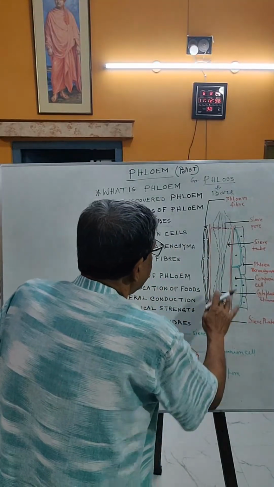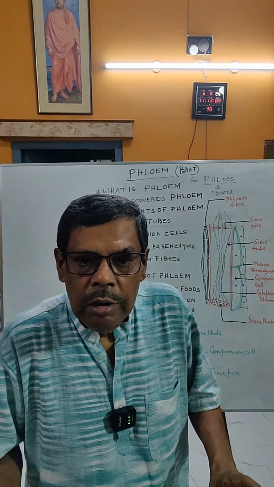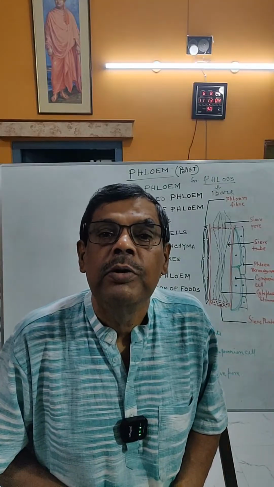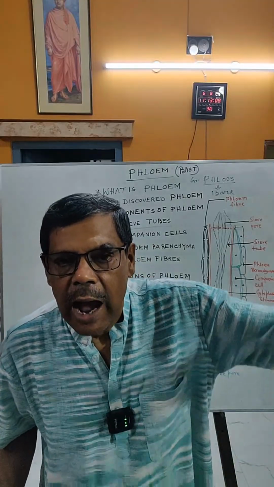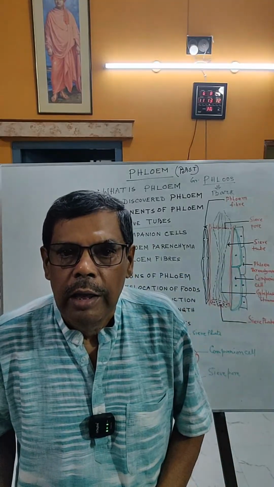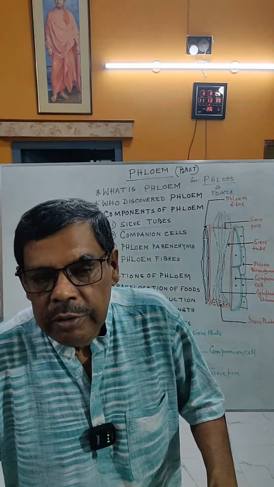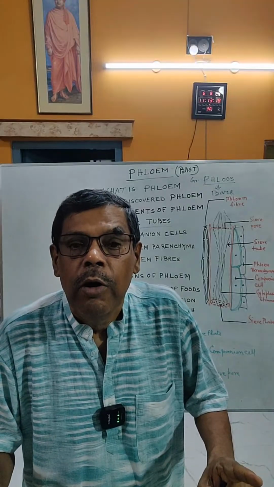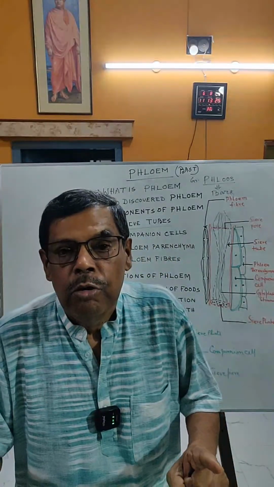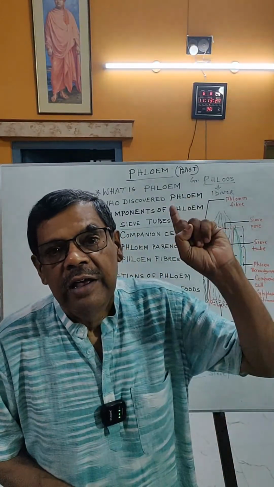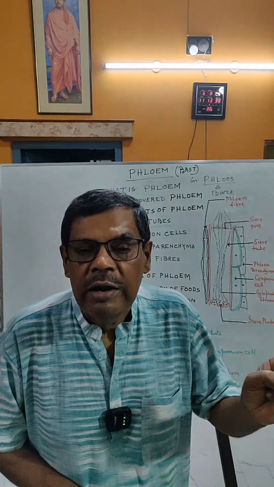This is the sieve tube. The sieve tube is involved in conduction of food material bidirectionally, upward and downward, from the leaf where food material is produced, to the stem, root and other organs, the meristematic tissue, flower, seed.